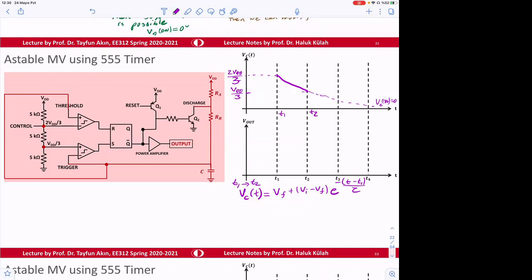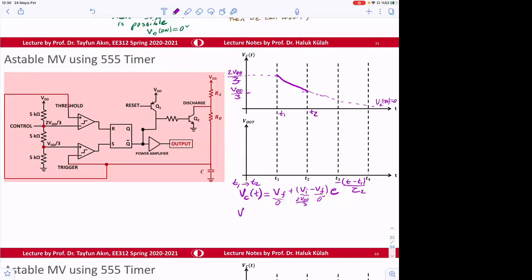And which tau is that? It should be tau 2. So what is the final voltage? It is 0 volt. And what is the initial voltage? 2 VDD divided by 3.